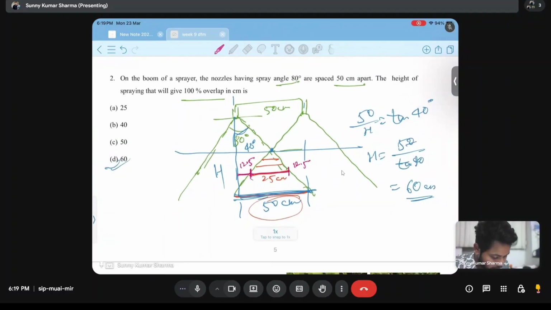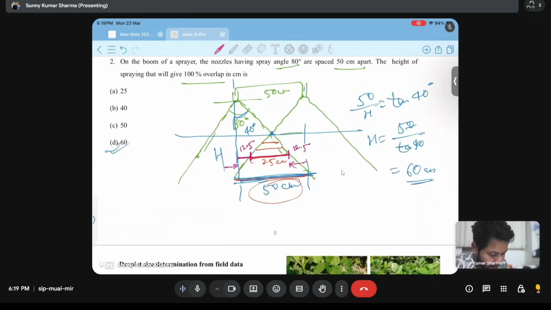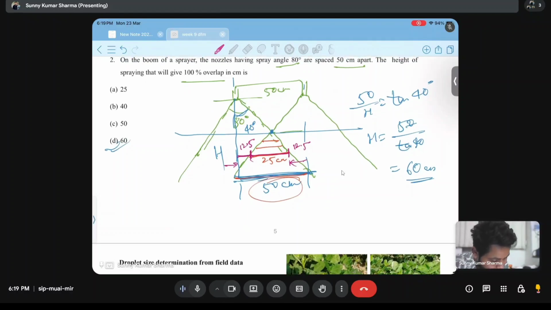Yes, sir. So this length will become 25 plus 12.5, and that will become the perpendicular distance of this triangle. So 25 plus 12.5 is 67.5, sorry, 37.5. So h is equal to 37.5 by tan 40.